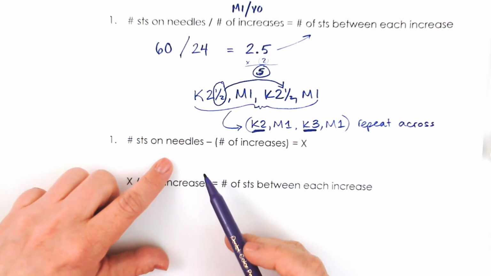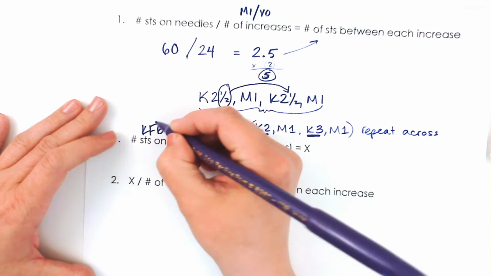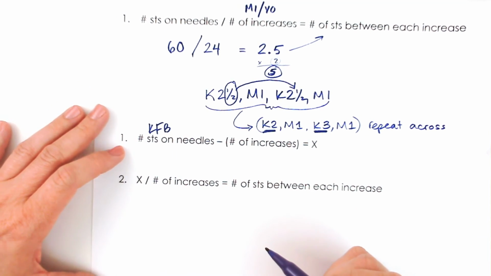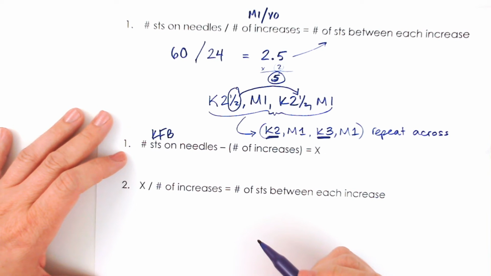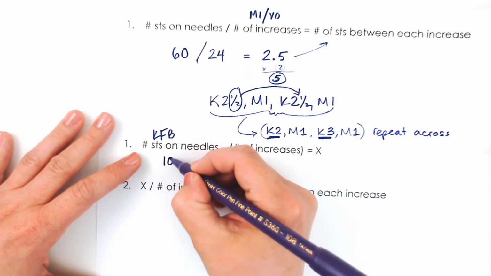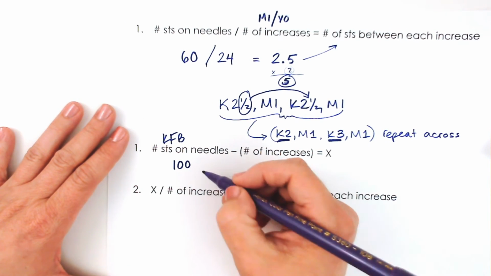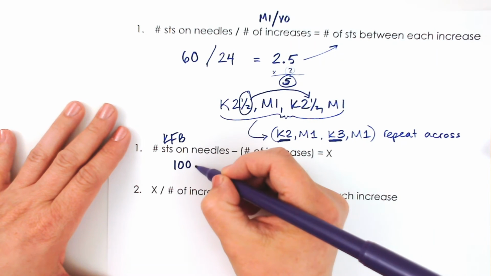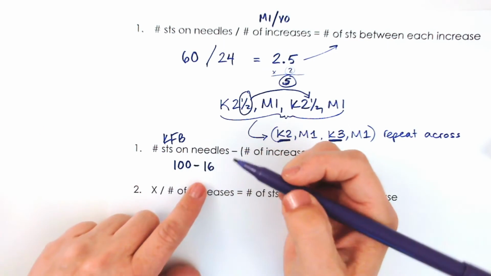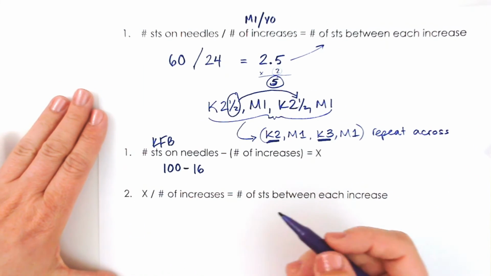All right, but let's try now with our knit front back increase on the next one, and we're going to do another fascinating increase equation scenario. So let's say that we have 100 stitches on the needles and we want to increase 16. So our goal is to get to 116. We're going to start by subtracting 16 because those 16 stitches need to be the jumping off point for our increase.